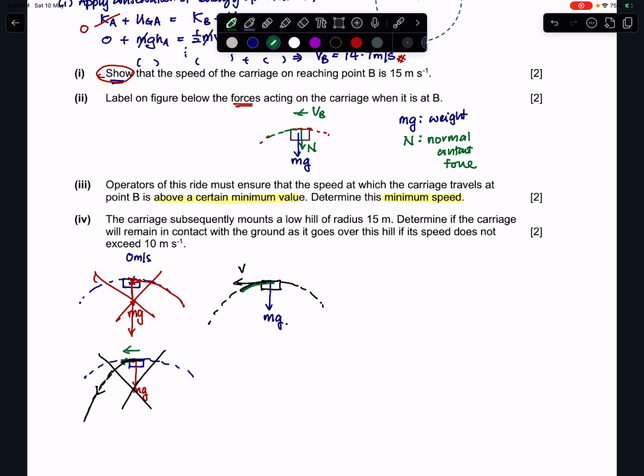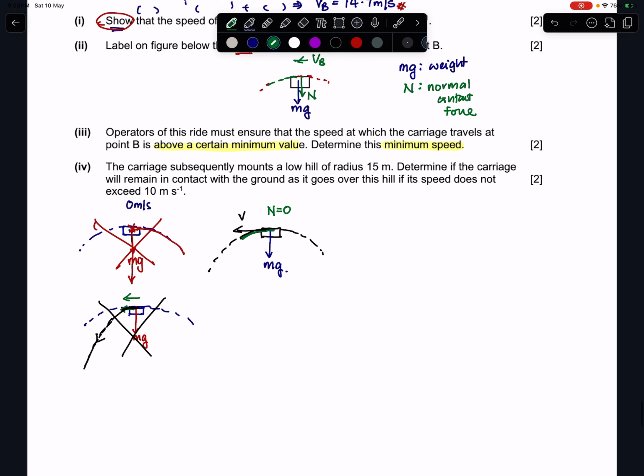So at this point in time, N is equal to 0. What happens if the speed is larger than this particular speed, when it is just at the top? Then if the track was not there, it would describe a parabolic path that is bigger in radius than that of the track. So the radius of curvature is going to be bigger.